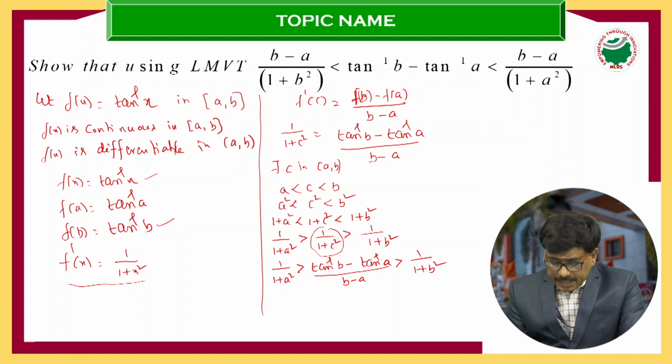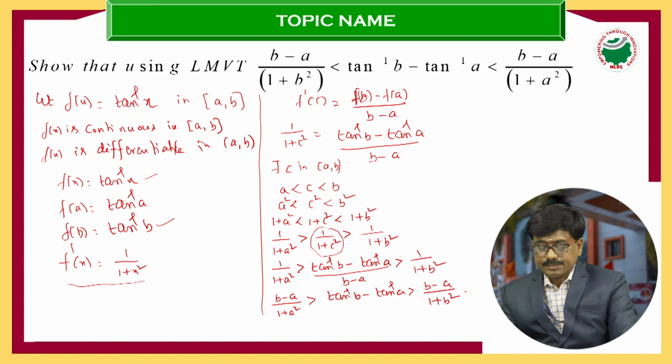If I interchange with b minus a, this becomes b minus a divided by 1 plus a square greater than tan inverse of b minus tan inverse of a greater than b minus a divided by 1 plus b square.